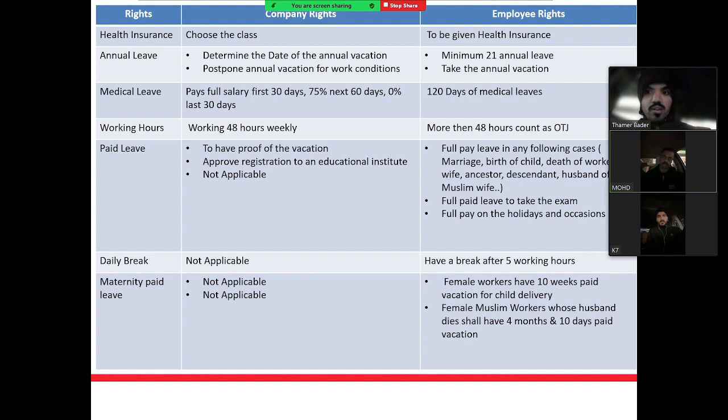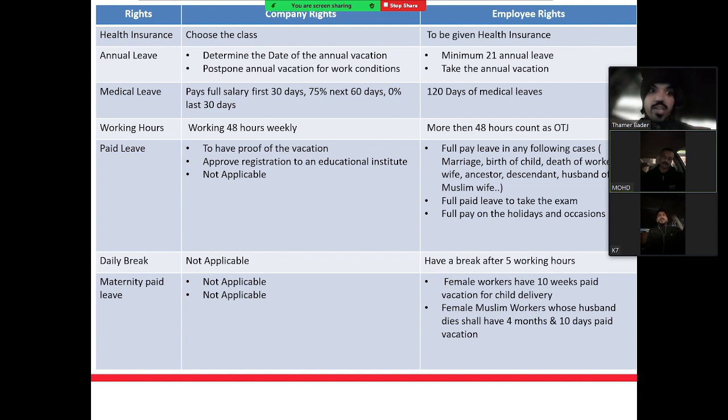Medical leave pays full salary for the first 30 days, 75% for the next 60 days, and 0% for the last 30 days. I think it's very clear. This is the company's right. The employee's right is to have 120 days of medical leave.